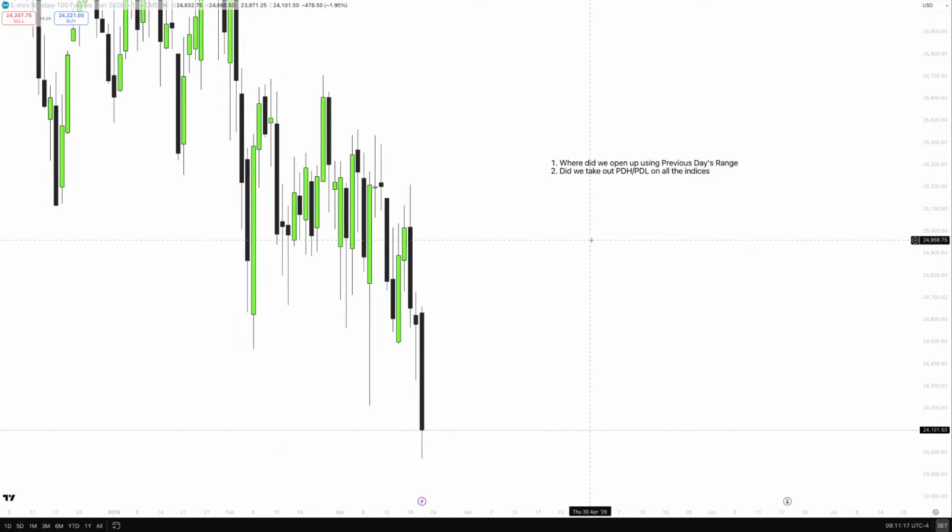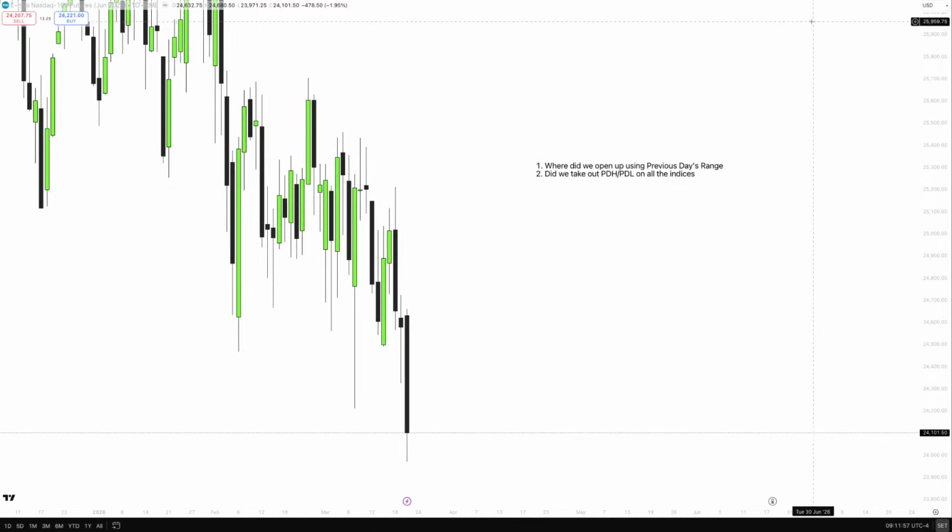Well, if we are overall in a bearish trend like we are right now, that could signature to you that ES and YM are also seeking to go to the previous day's low and take out that. So one of them is either signaturing that we're going to catch up with the other two indices as well, or it can also signature to you that this is an SMT.